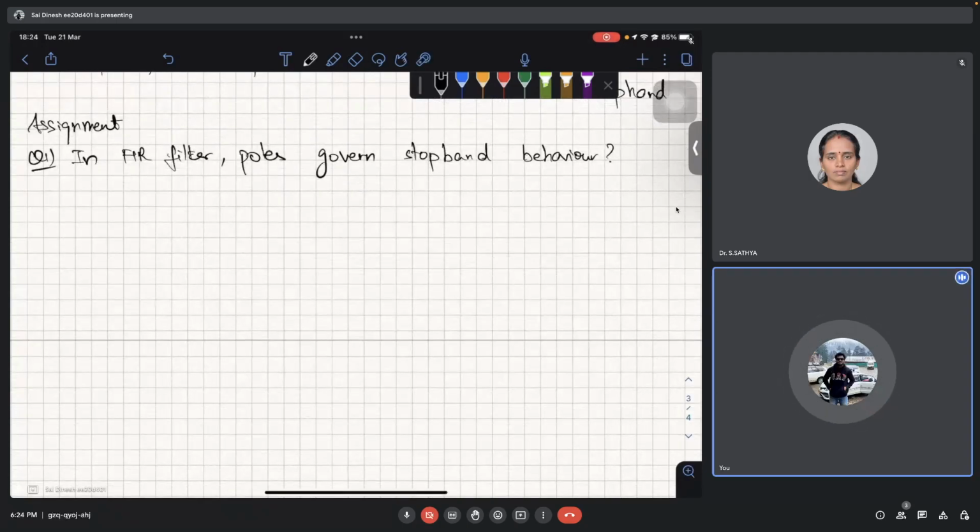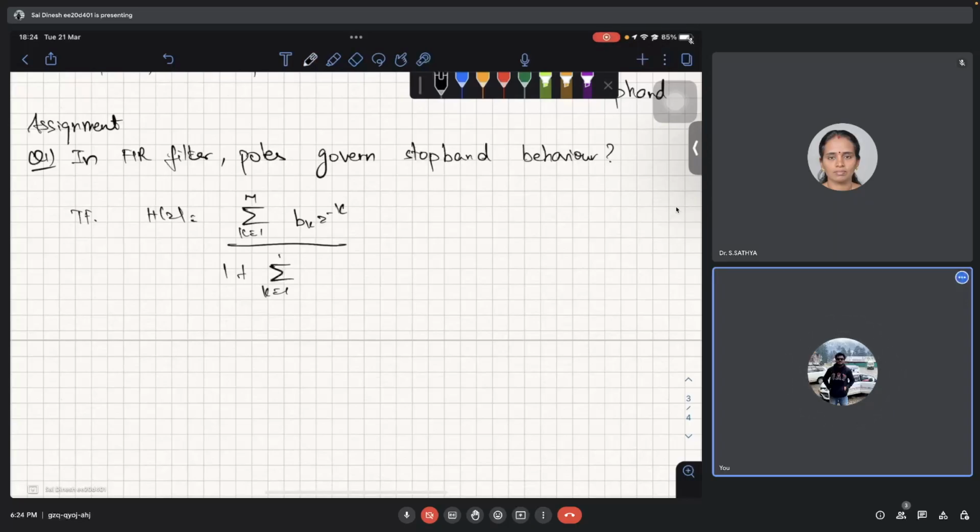So if we take the transfer function of a rational LCCDE, the transfer function that we get from an LCCDE, H of z is equal to the sum from 1 to M of b_k z^-k divided by 1 plus the sum from 1 to N of a_k z^-k.